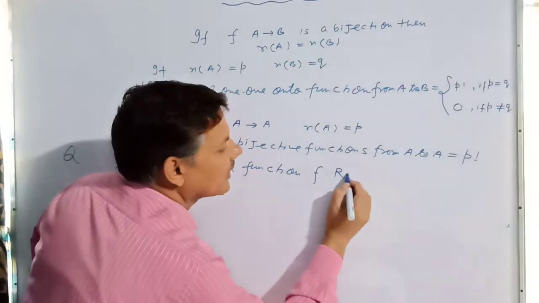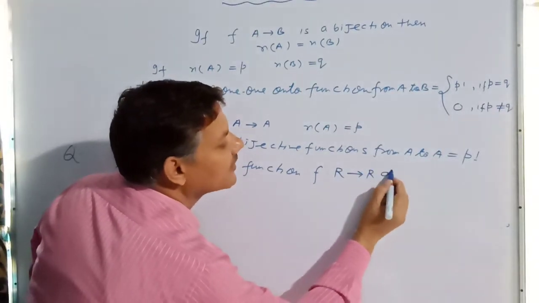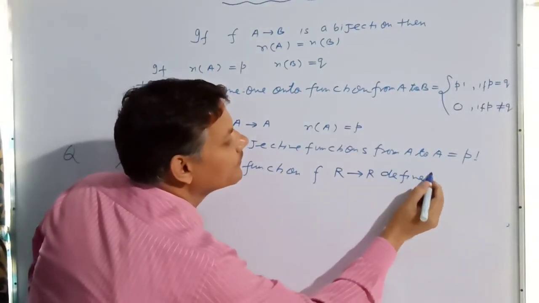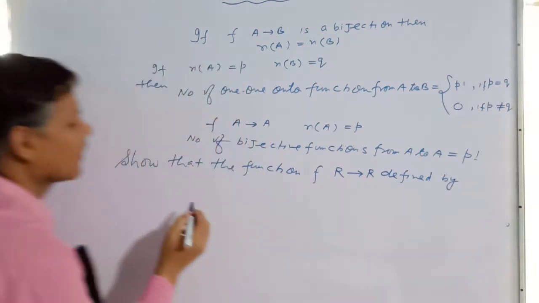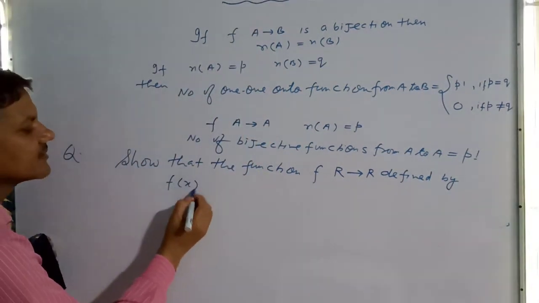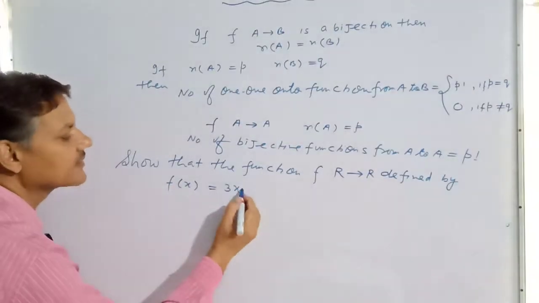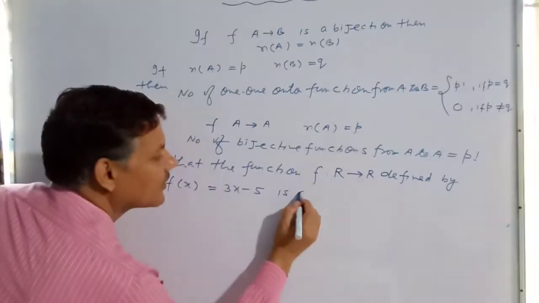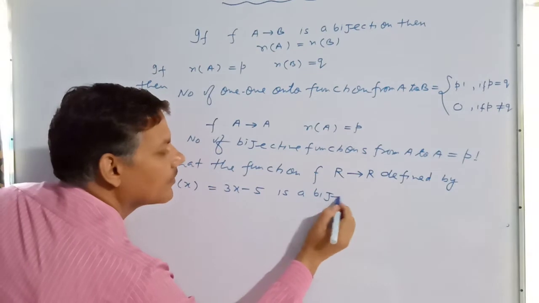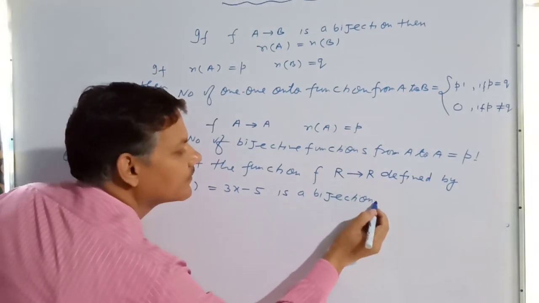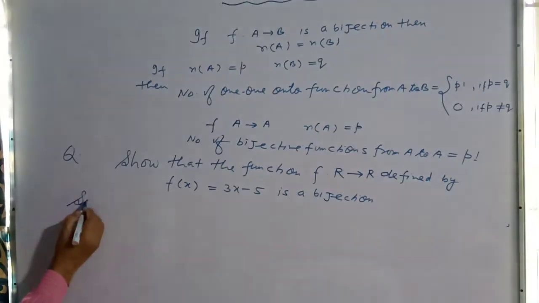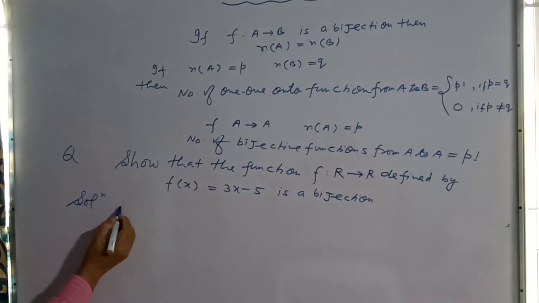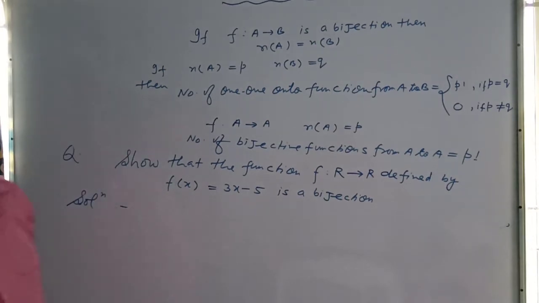Let f from R to R be defined by f(x) = 3x - 5. Show it is a bijection. So for the solution we are required to show it is one-one as well as onto.